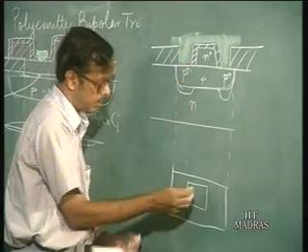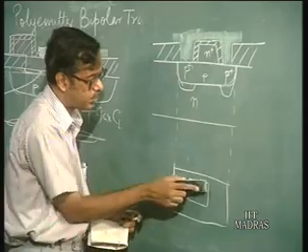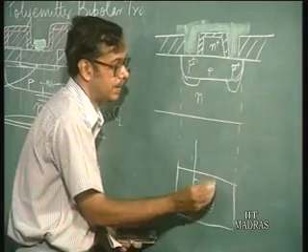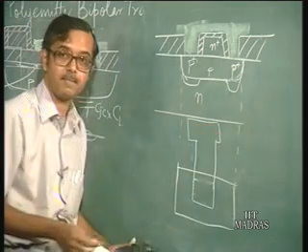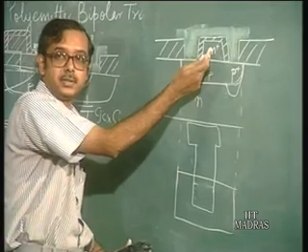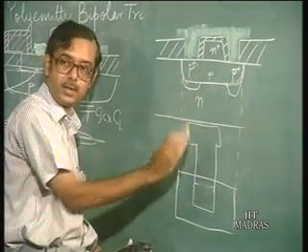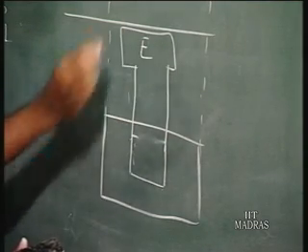Now the emitter poly actually goes like this from the top, and you take the emitter contact somewhere here, say. The emitter poly, which is shown here, goes this way. This is the top view, and you take the emitter contact here.